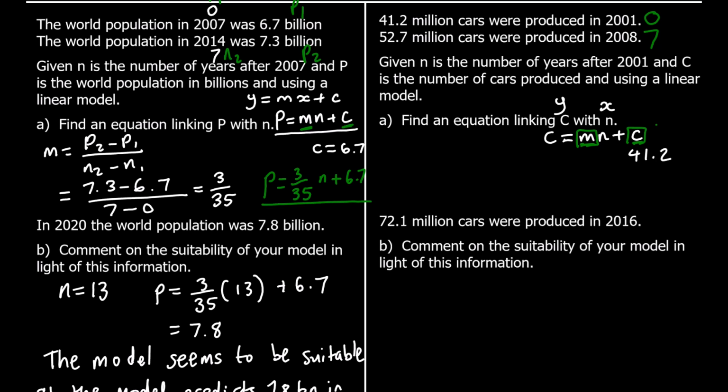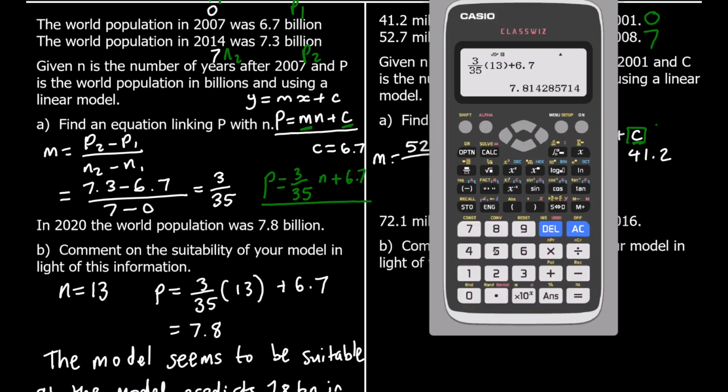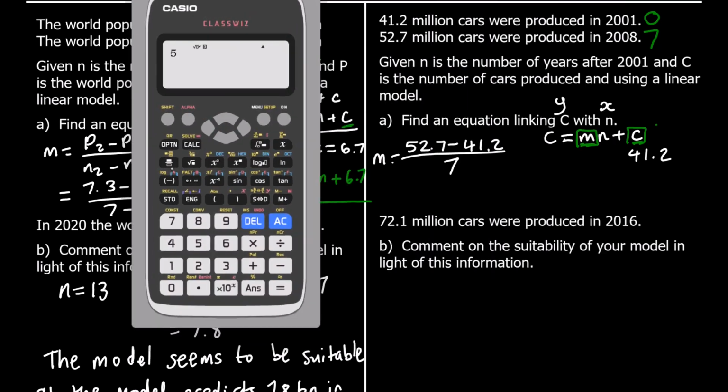M is going to be the change in y over the change in x, or the change in C over the change in N. So M is going to be the change in C, 52.7 minus 41.2, over the change in N, which is 7. So 52.7 minus 41.2 over 7.